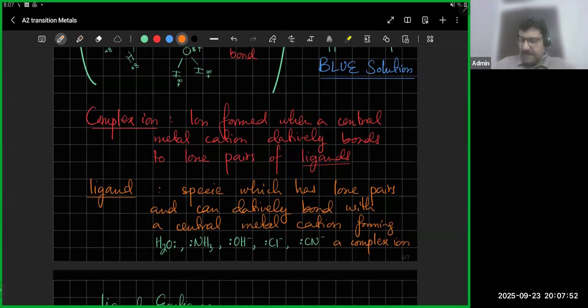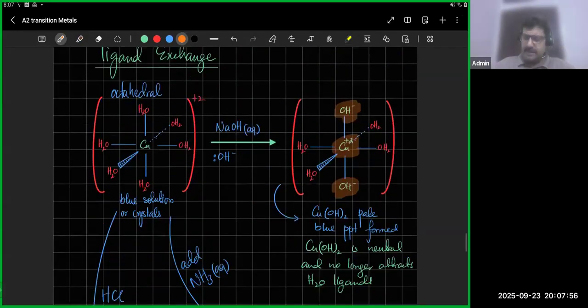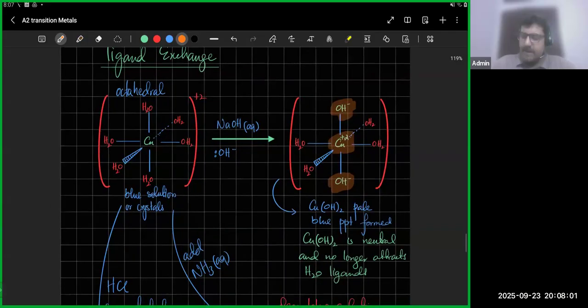Then we talked about ligand exchange, or ligand substitution. If a solution has water as the ligand, water surrounds the copper ions. But if you replace that with some other ligand, for example by adding OH- ions, then copper will get surrounded by OH- ions.